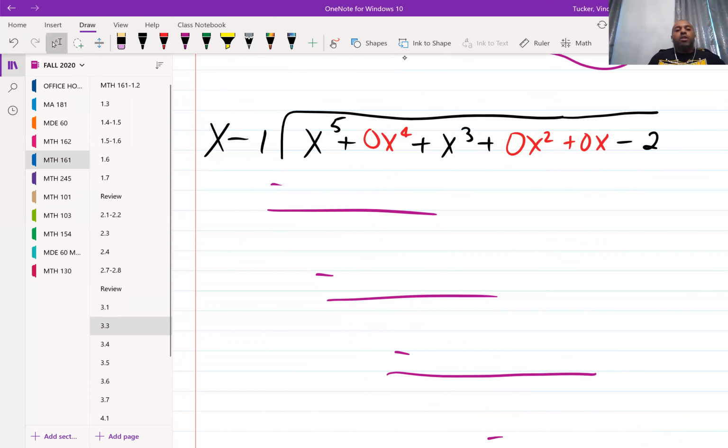All right, so we have x minus 1, and we want to divide that into x to the 5th plus 0x to the 4th plus x cubed plus 0x squared plus 0x minus 2.